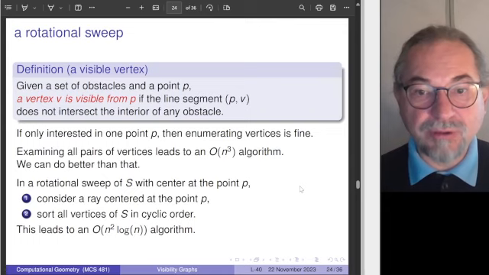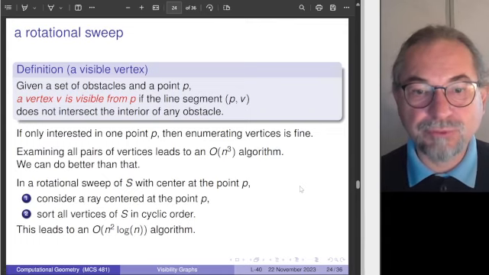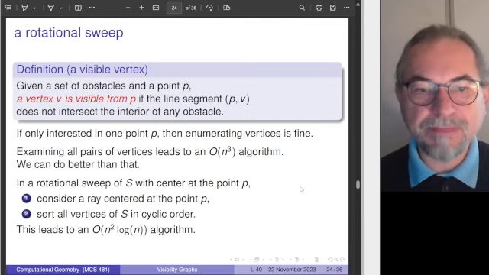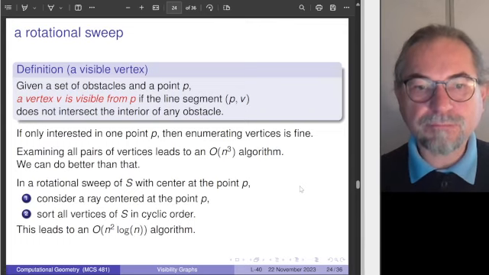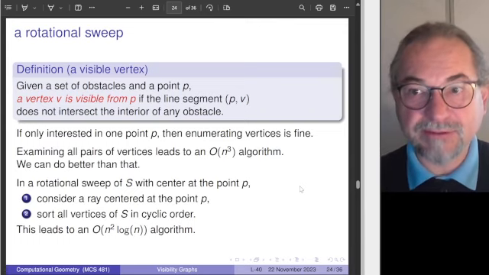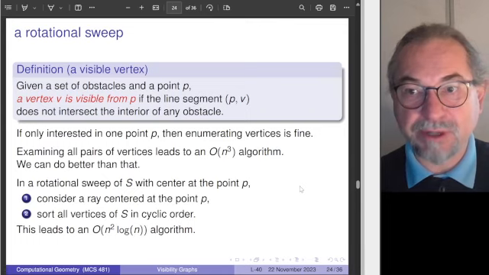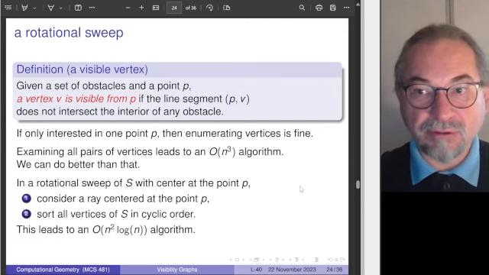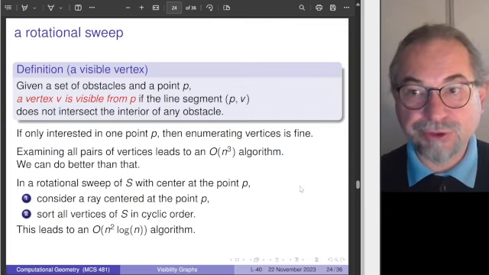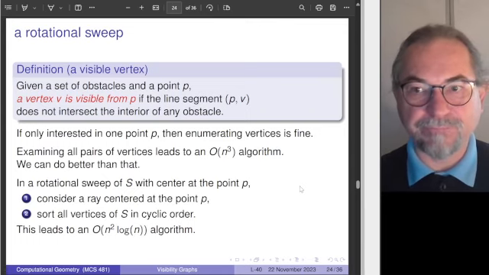Okay, so how do we go from a cubic algorithm to an n squared log n algorithm? We will do a rotational sweep. So again, we consider one point and then we consider all the obstacles, and we will exploit the fact that the obstacles are represented by their convex hulls. So the obstacles are convex hulls in the plane, which we represent by ordered sequences of vertices.